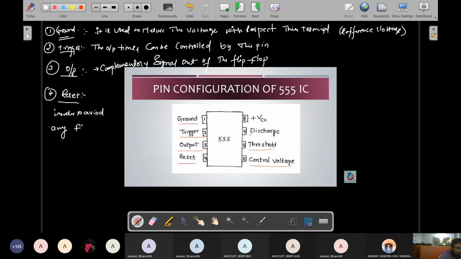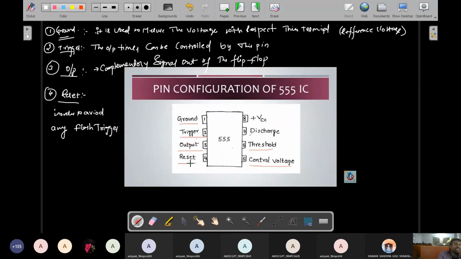Flash triggering means additional voltage. If this circuit contains any additional voltage, or by chance something is added to the actual voltage or actual signal, at that time reset will be helpful.